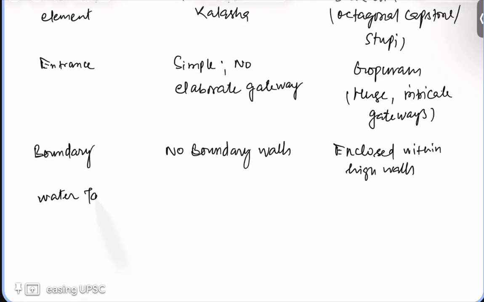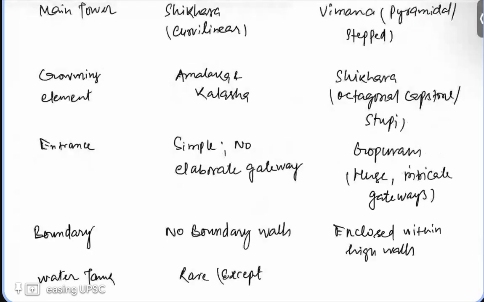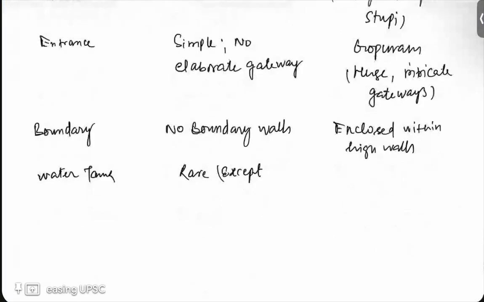Water tank: rare. Except, what is the exception? We just discussed. Pratiksha, tell me. Kalyani. No, no, are we talking about Nagara and Dravida? Sorry, I was confused about Dravida and Vesara.